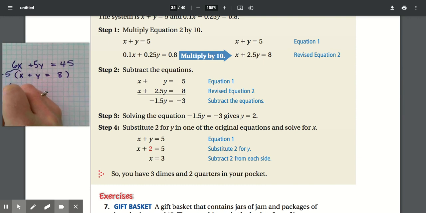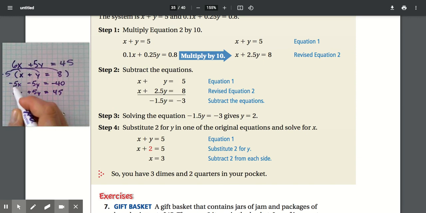So let's do this. We would have -5x minus 5y, because negative 5 times y is negative 5y, equals negative 5 times 8, which is negative 40. Okay, so let's go ahead and rewrite this equation down below. Our top one, 6x plus 5y equals 45.